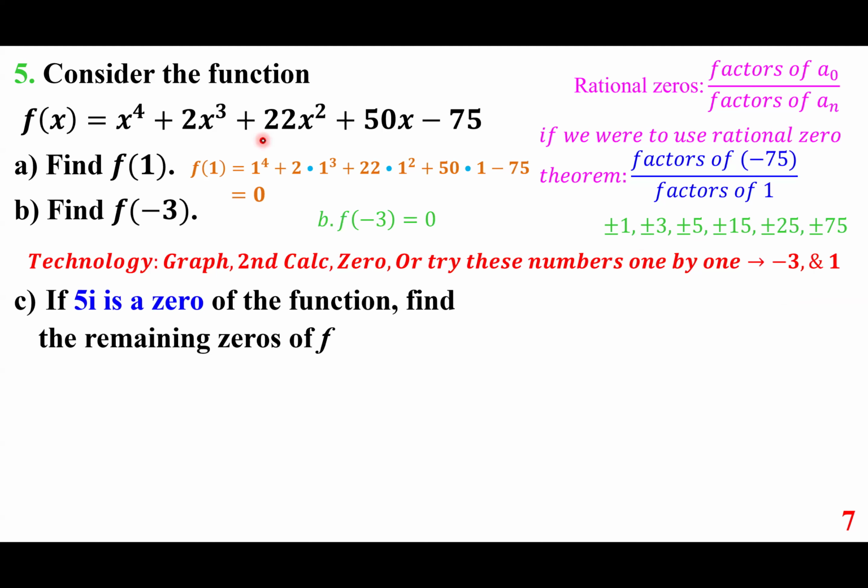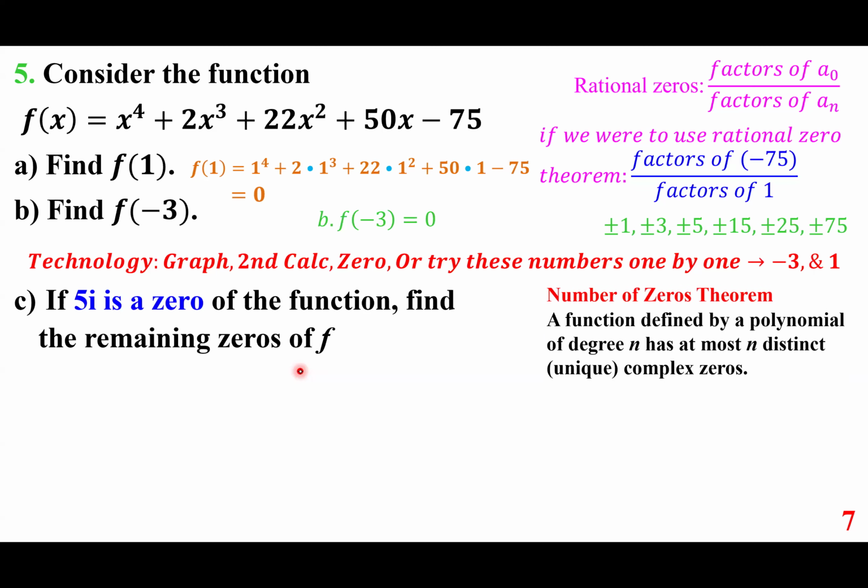Now, we're going to continue. So we have two zeros. One of them is 1, one of them is minus 3. Now, if 5i is a zero of the function, find the remaining zeros of f. Of course, we have a theorem that says the number of zeros theorem: a function defined by a polynomial of degree n has at most n distinct, unique, complex zeros. Remember, complex zeros are in the form of a plus bi.